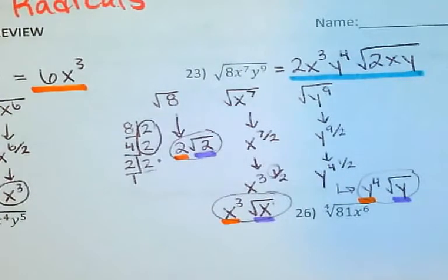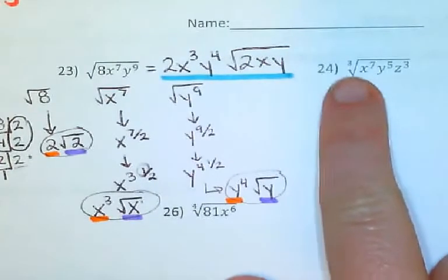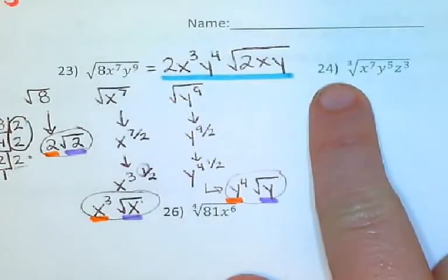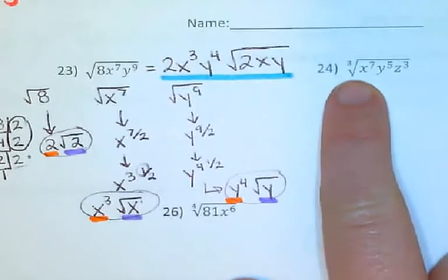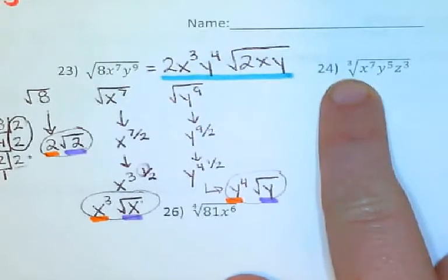Now, what if you had a different index, a different root? Like here, this was a square root, but here we've got a cubed root. Guess what? It's going to work the same way, but this time our denominator in our exponent is going to be 3, because that's our root.